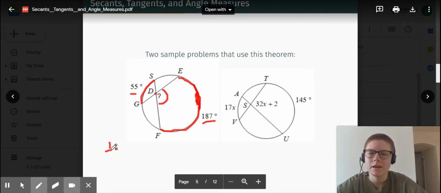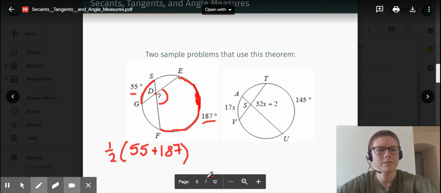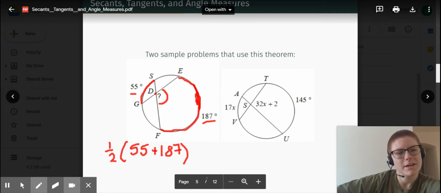So 1/2 of 55 plus 187. I've put my calculator just out of reach again, so let me grab that.